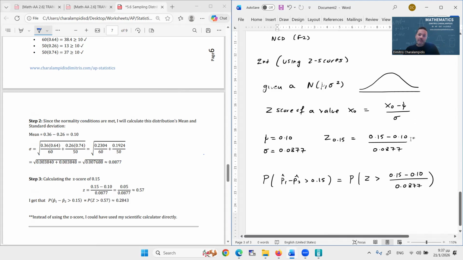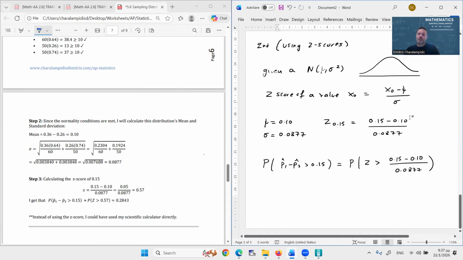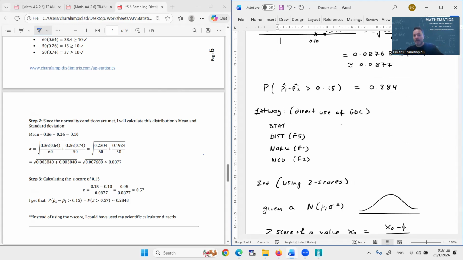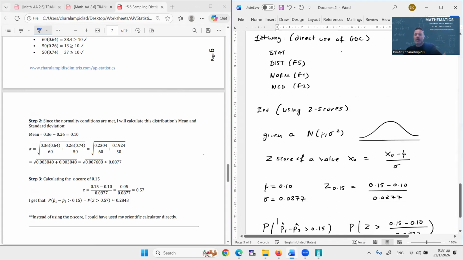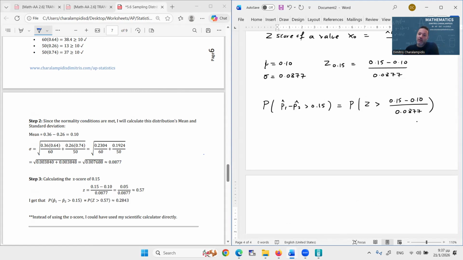Now, in case we want to use the z-scores to find the probability, which is not promoted, remember that the z-scores are always given in our booklet by calculating from the left up to that point. So the probability that z is greater than this z-score is 1 minus the probability of z less than that z-score.